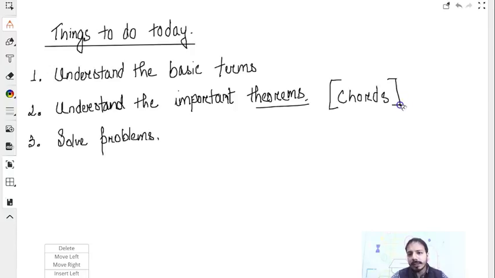When you go to class 10, you will get mostly theorems which are related to tangents, okay? So in this class, we will concentrate on chords, and also we will solve problems after we go through the theorems, okay? So stick with me guys, hope you get to learn here.